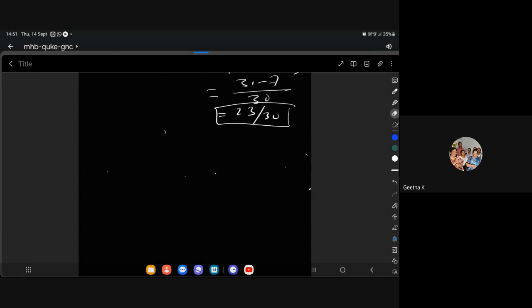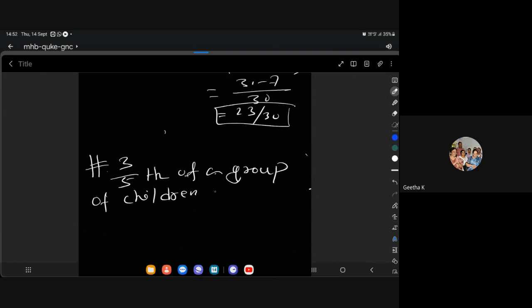Then another problem. Suppose 3/5 of a group of children are girls. If there are 24 girls, how many children are there in the group?